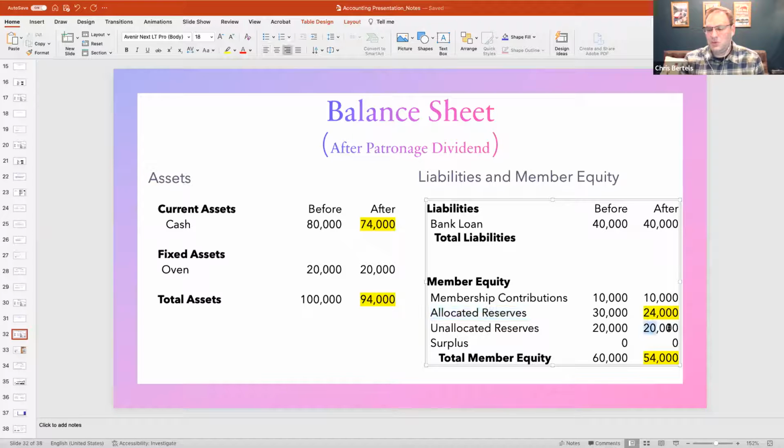And this $20,000 is permanently retained by the co-op. It's not going anywhere. Well, I shouldn't say never, but it's not designed to be paid out to anybody else. So this line is showing you the total amount that the co-op is keeping.